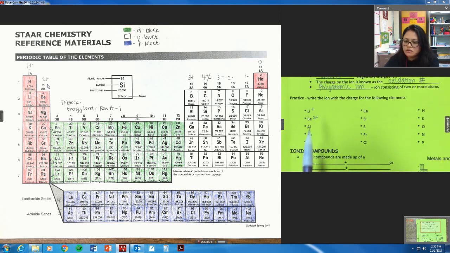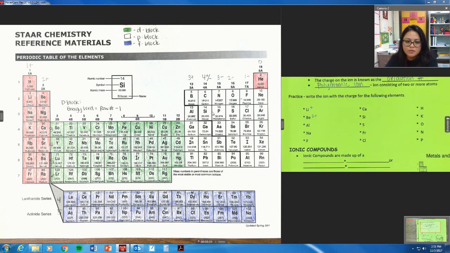I know some of my students have already asked me, Ms. Breeze, does it really matter where your charge goes? Well, rule of thumb, your charge always goes after the number. So again, your charge always goes after your number. Aluminum is in group 3A, so it's going to have a +3 charge.